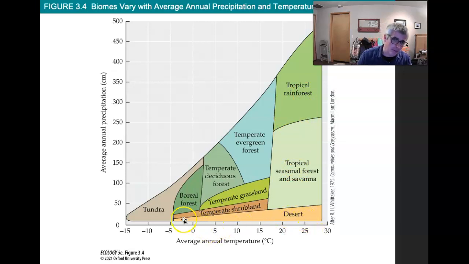The interesting thing about desert to me is it's typically defined by precipitation. So you can have very cold deserts. Most of eastern Washington, or parts of eastern Washington, are technically considered deserts. And then on through evergreen forest down to tundra.